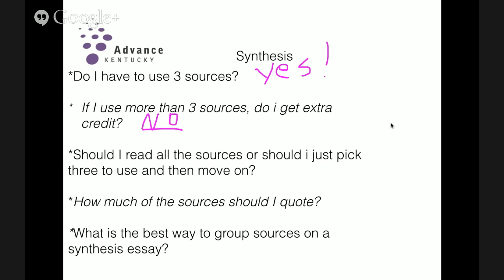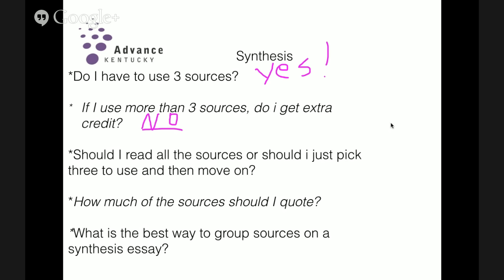Should I read all the sources, or should I just pick 3 to use and then move on? This is going to depend on you, on how well you know yourself and how you do with the synthesis question.